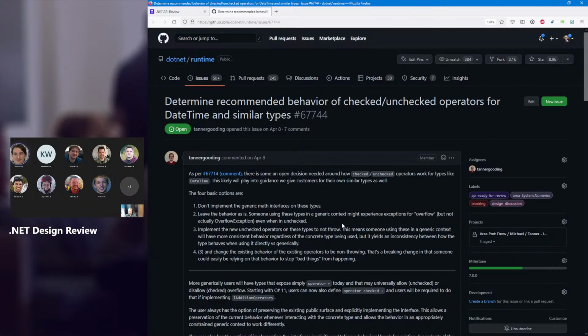And then of all the actual numeric types exposed, the only two that are somewhat special from a non-generic context are decimal and BigInteger, where they will always throw on overflow. And if you want the non-throwing behavior, go into a generic context. That sounds good to me.